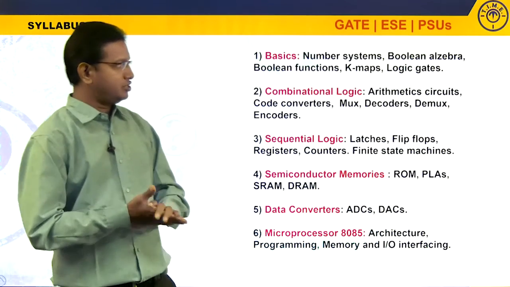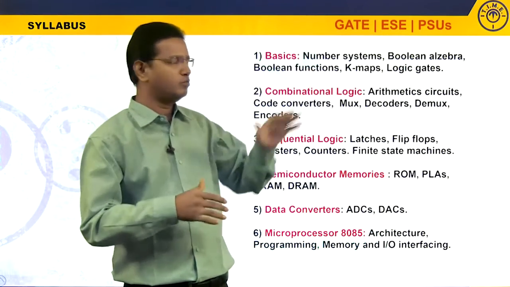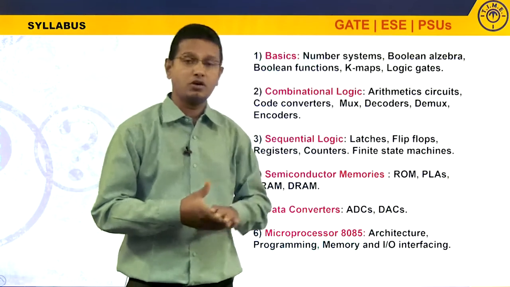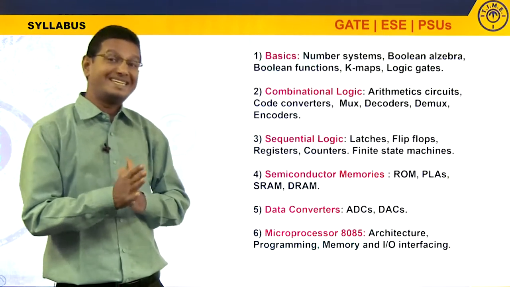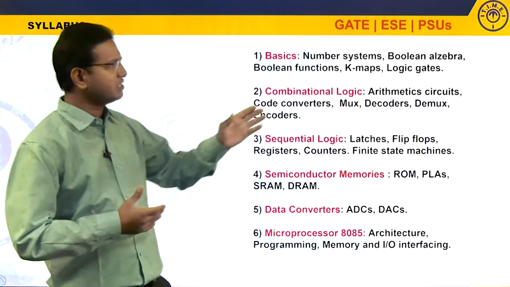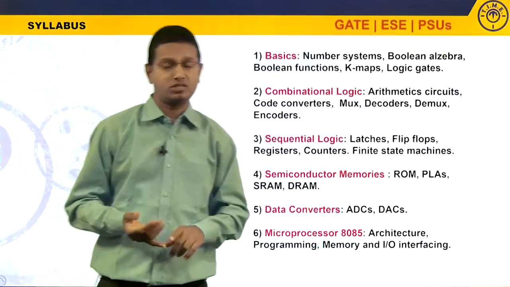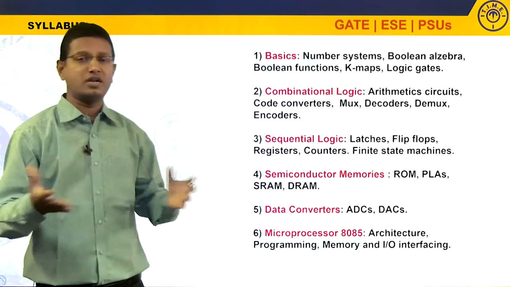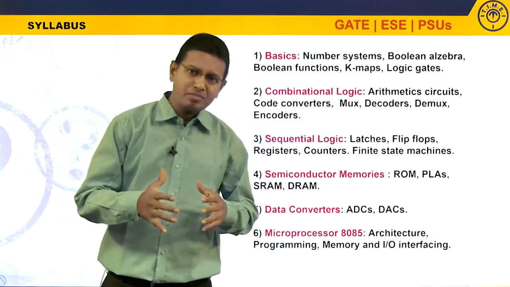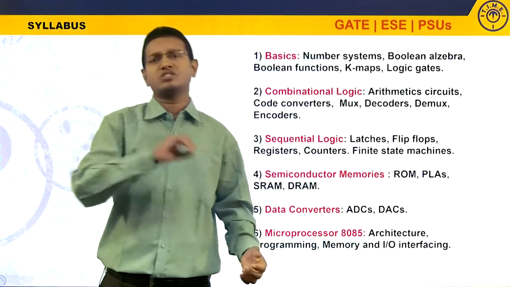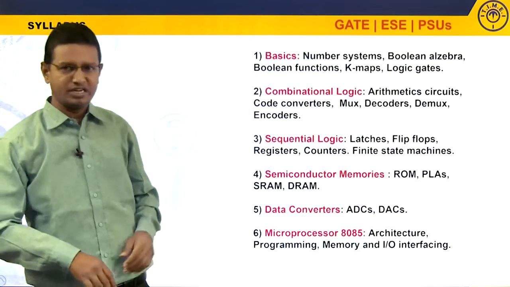Now coming to the next topic, logic gates. After knowing the basics of Boolean algebra and these functions, we have to go for the logic gates. Previously in Boolean algebra, I told you about the NOT operator, AND operator, NOR operator, and other operators. In mathematics, we call them operators. When it comes to a circuit, they are called logic gates.